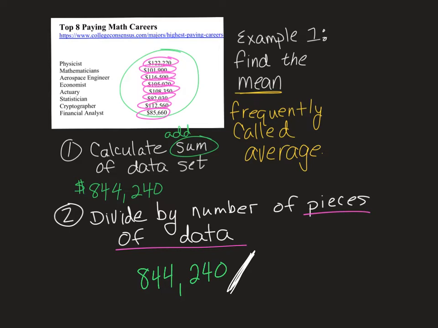So we're going to do 844,240 divided by 8 because there were 8 pieces of data in our data set. So that means that our average or our mean is 105,530. So that is how we find the mean.